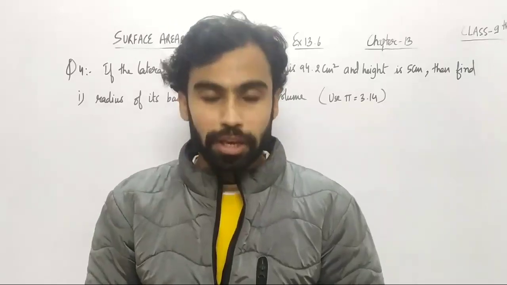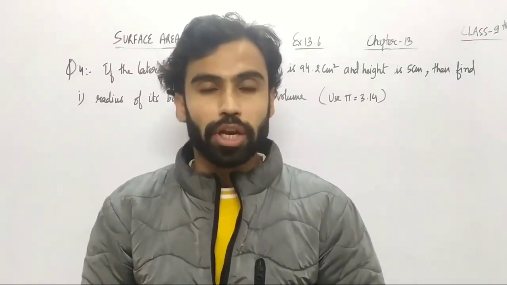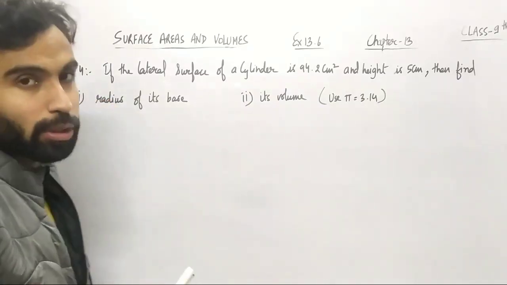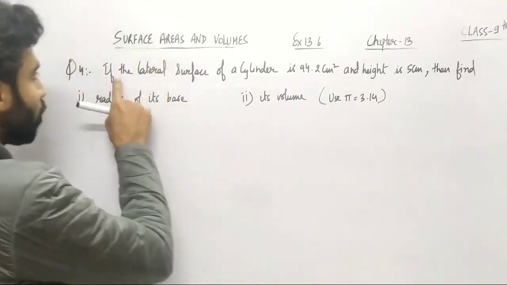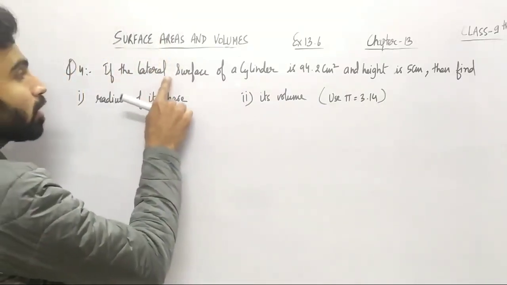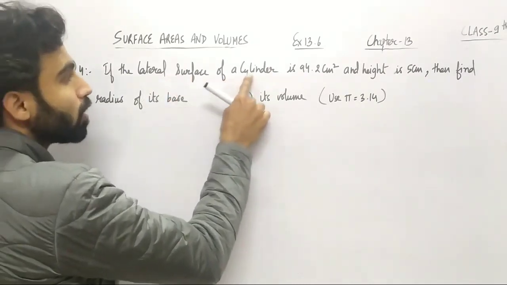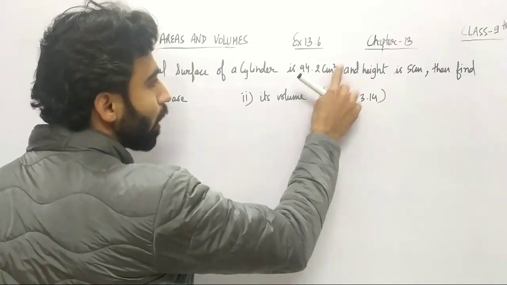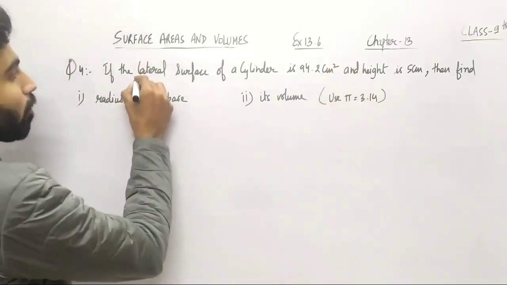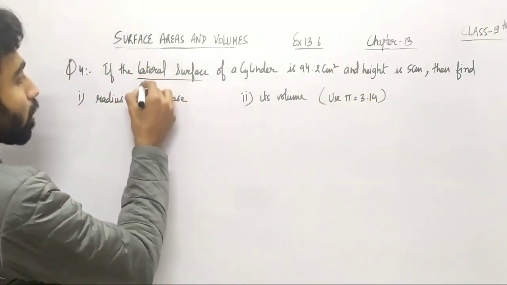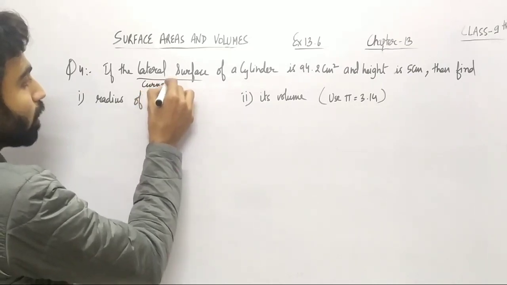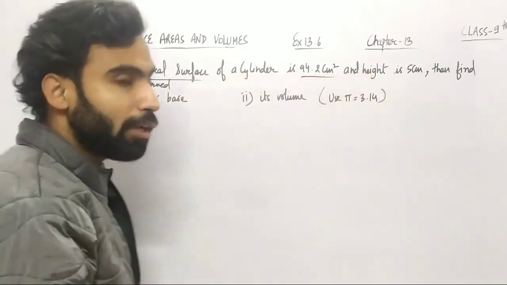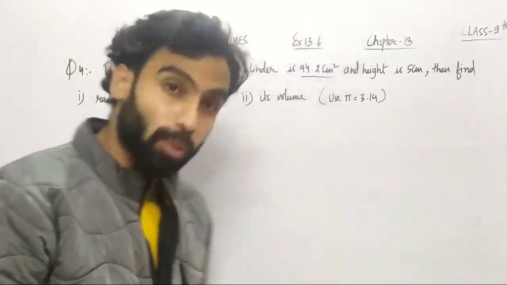So students, let us move on to the next question now. So this time question number 4 is given to us as, let me just read it first. If the lateral surface of a cylinder is 94.2 centimeter square. So now lateral surface का मतलब क्या होता है? The curved surface, right? So the curved surface area is given to us as 94.2 centimeter square, right?